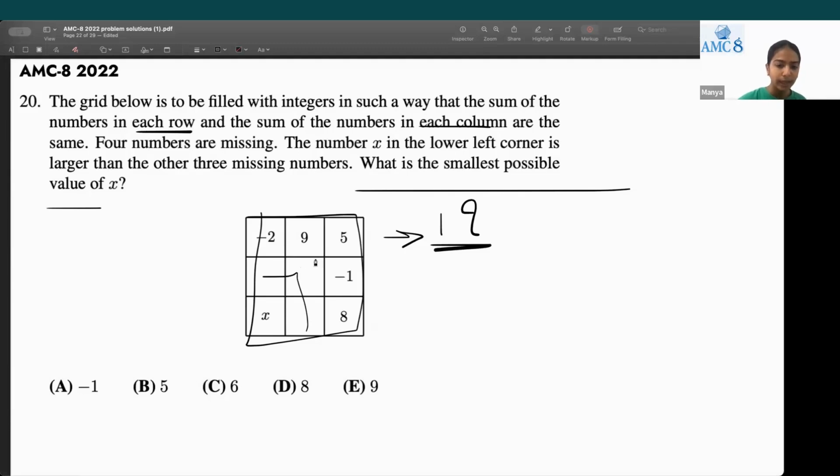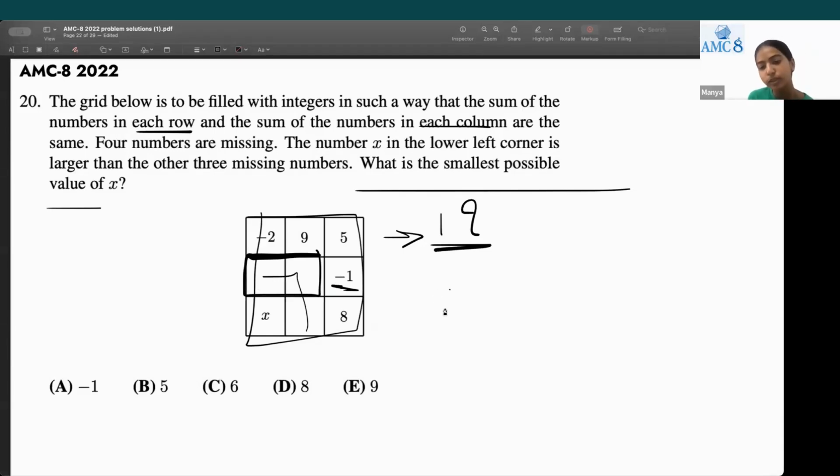So in this case, we can take the second row. If we take the second row, then these two should be equal to 13, since there's a -1 here, so 13 minus 1 gives us 12. So the sum of these two should be equal to 13.